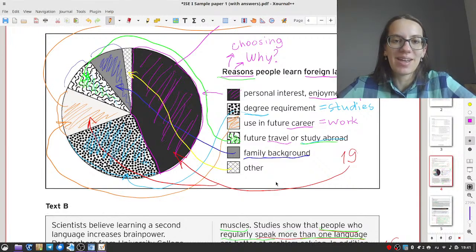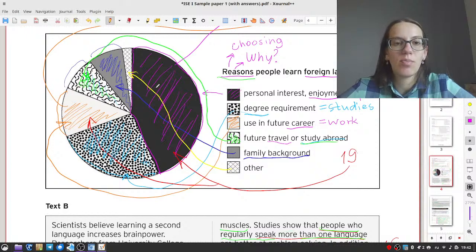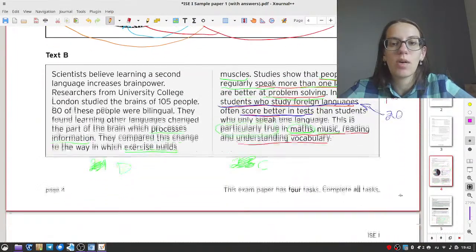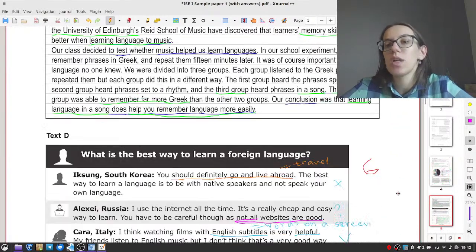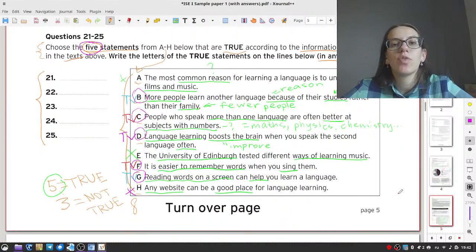Like me, I like learning languages. So that would be part of this whole black thing. Not only those who learn it for films and music in particular, or maybe someone likes reading books in a language, literature. That's not films and music. There are all sorts of different personal interests in the language.